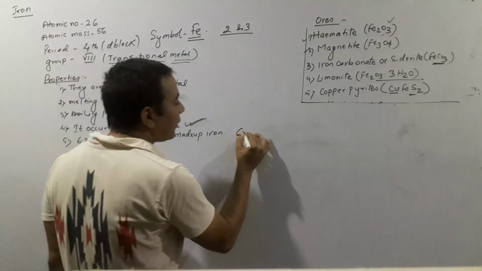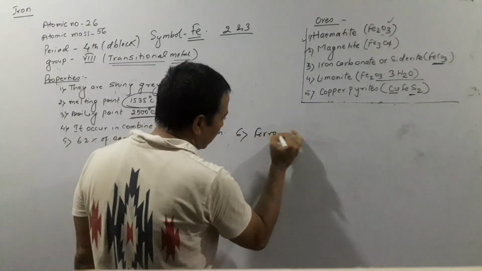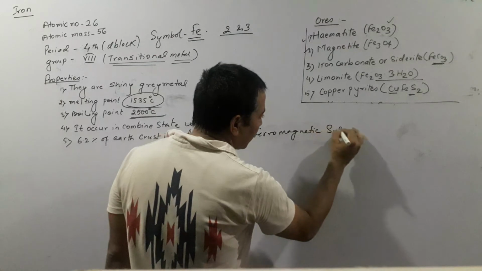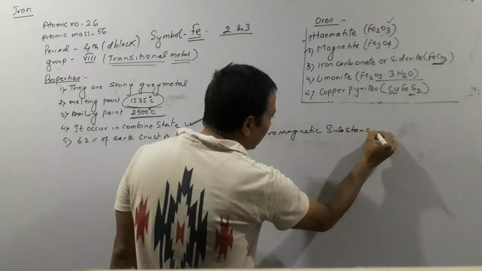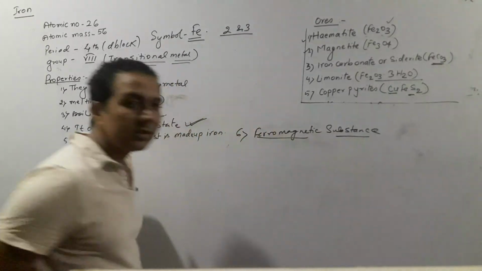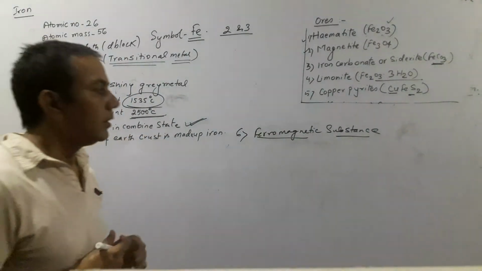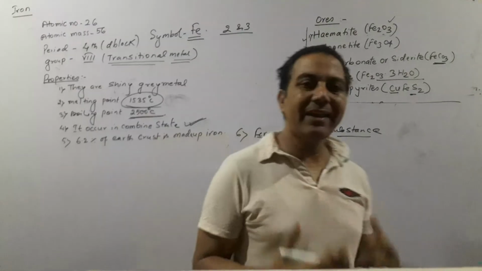Then another one, it is also a ferromagnetic substance. These are ferromagnetic substances, which means they have a magnetic property.